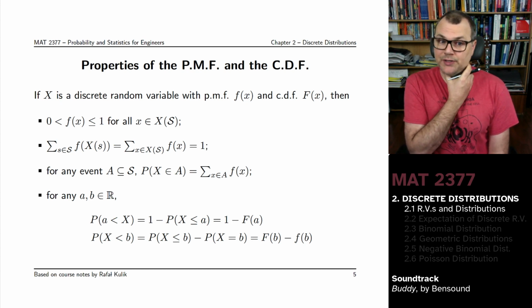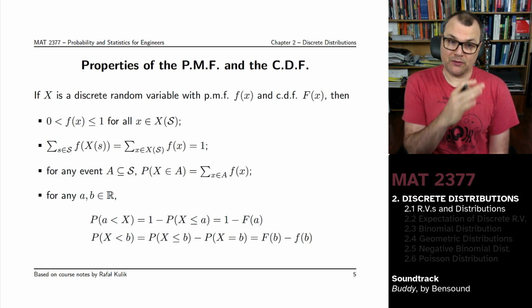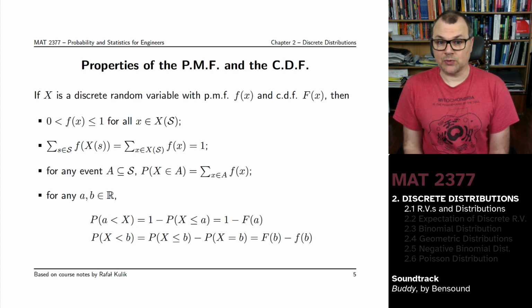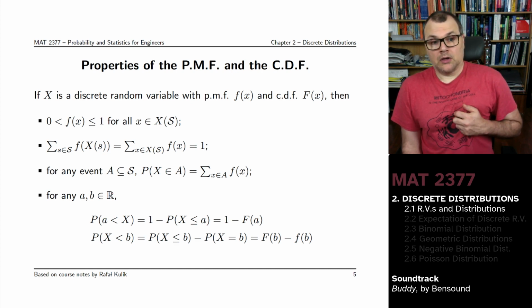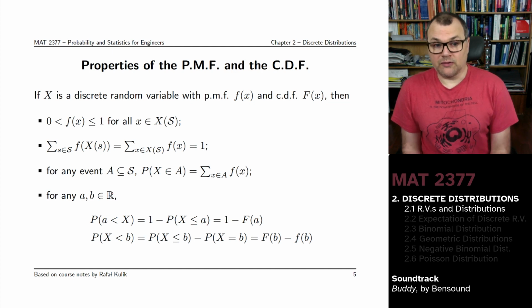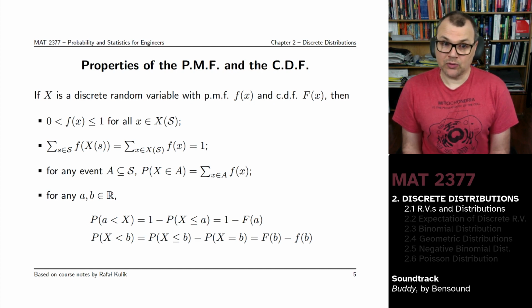What are their properties? Well, if you have a random variable x which is discrete, and let's say that it has a probability mass function little f and a CDF big F, then these are the things you know. The value of the function f, the PMF, at any x in the range of the random variable has to reside between 0 and 1.